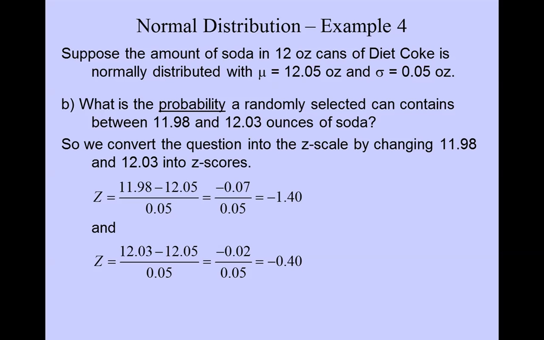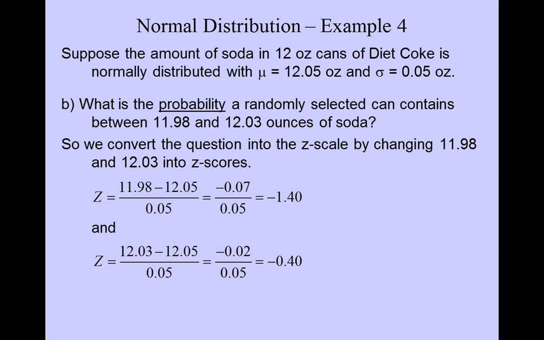Suppose the amount of soda in 12-ounce cans of Diet Coke is normally distributed with mu equal to 12.05 ounces and sigma equal to 0.05 ounces. This is the same as before. B. What is the probability a randomly selected can contains between 11.98 and 12.03 ounces of soda? So we convert the question into the z-scale by changing 11.98 and 12.03 into z-scores.